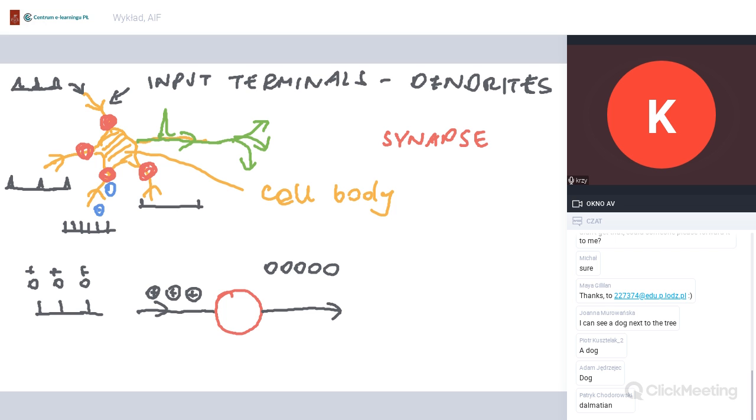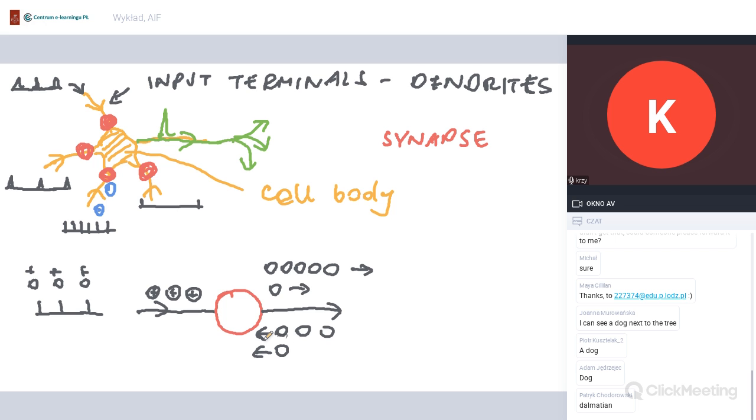Or it can reduce the number of ions, so instead of 3, there will be 1. This is amplification and this is reduction. But what can also happen is that it can drain positive charge from a cell body.